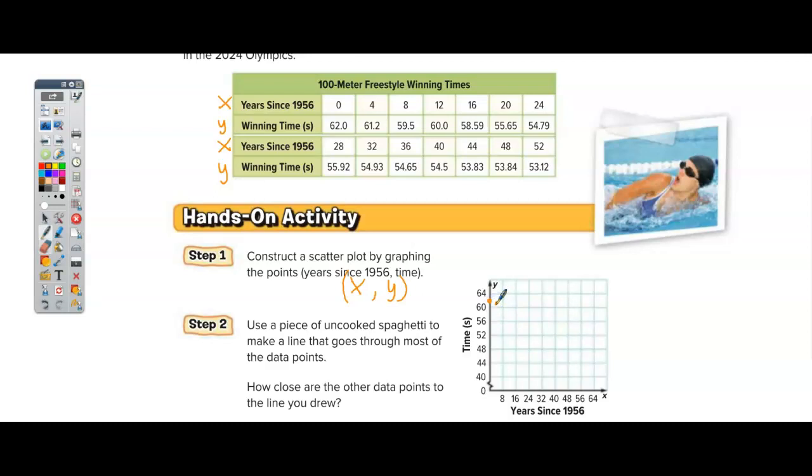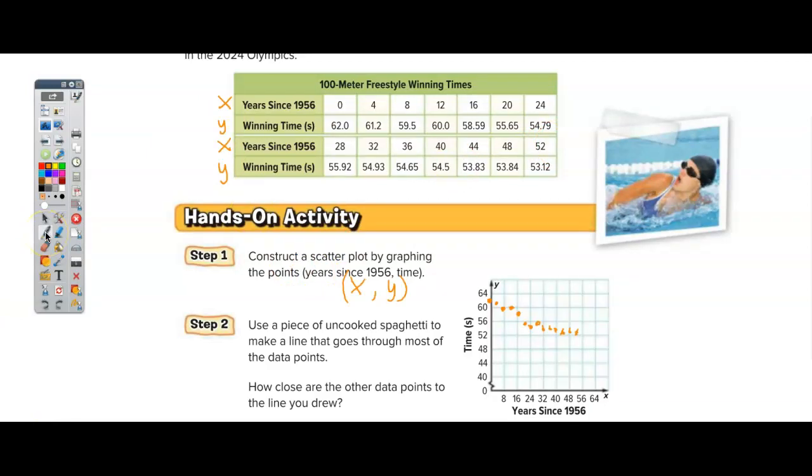And then we have 8, 59 and 5/10, so just a little bit below 60. And it's okay if these aren't perfect. You're just kind of estimating where it should be, but it should be pretty close. So go ahead and pause the video and continue to graph those. And then push play after you have all of the x and y's graphed from 0 to 52.